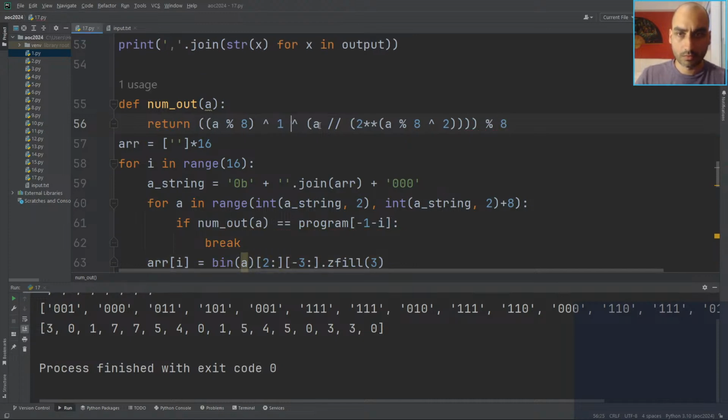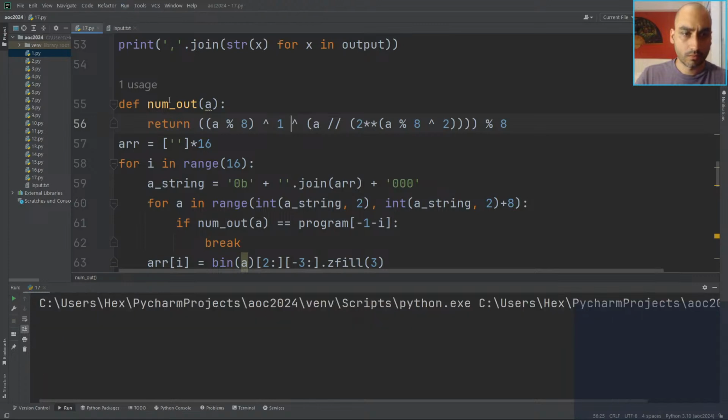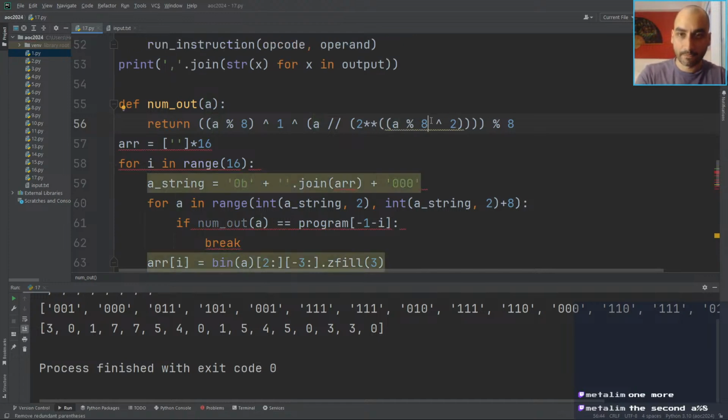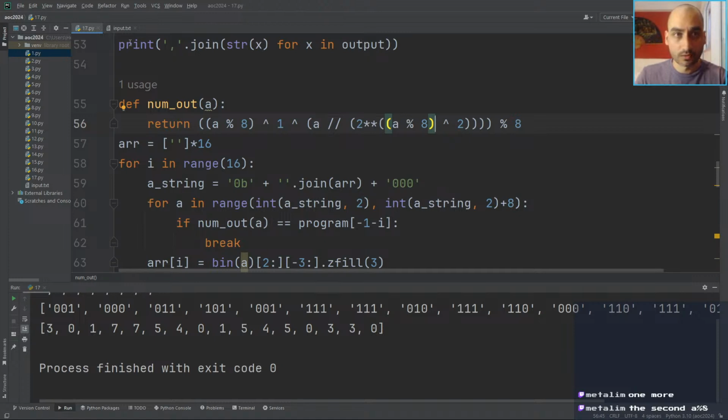Wait, what? Mod 8. The second 8 mod 8. Oh yeah. Didn't put nearly enough brackets here. Oh yeah, that's all wrong. It's doing 8 to the 2. I'm surprised it even got those digits. Alright, well, still.